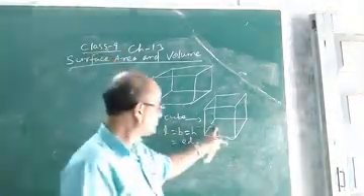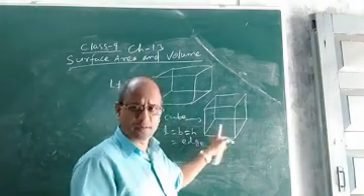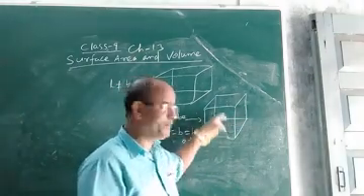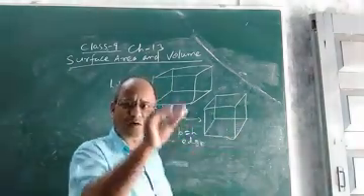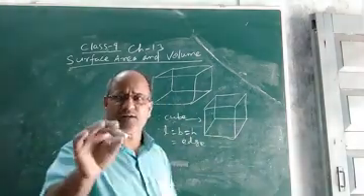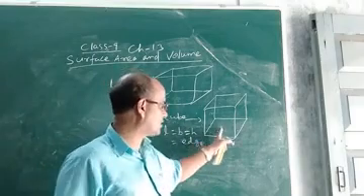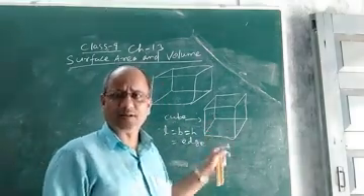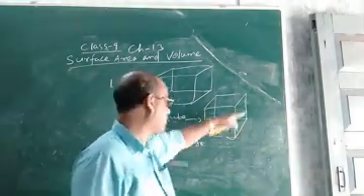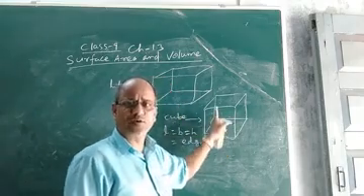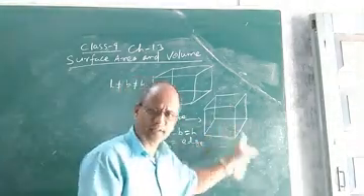If you find the area of each square and add the area of all the faces, you will get the total surface area of your cube.